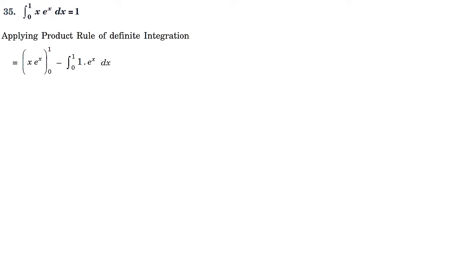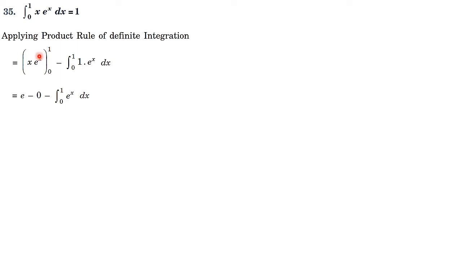First function into integral of second: first function is x, integral of second, e raised to x, is e raised to x. Then apply the limit 0 to 1, minus integral of derivative of the first one. Derivative of x with respect to x is 1. Then integral of second is e raised to x itself, dx.